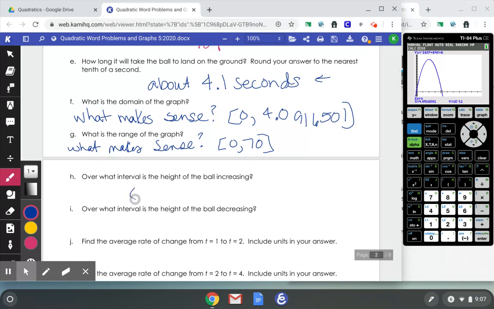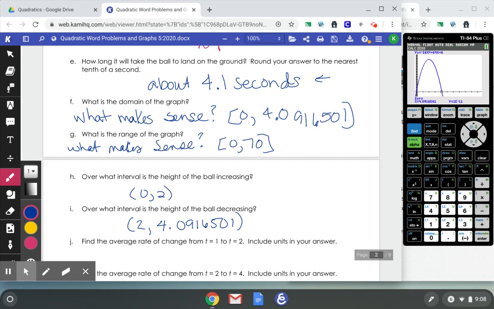So we can say from 0 to 2 seconds, the ball is increasing in height. Where is it decreasing? It's going to turn at 2 seconds, all the way down until it hits the ground at this 4.0916501 seconds. Okay?